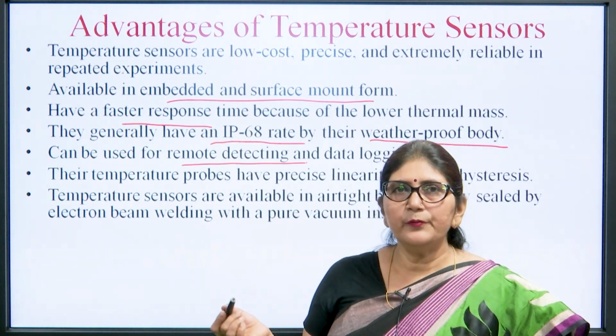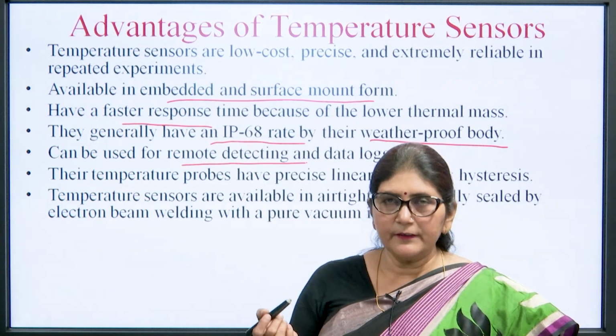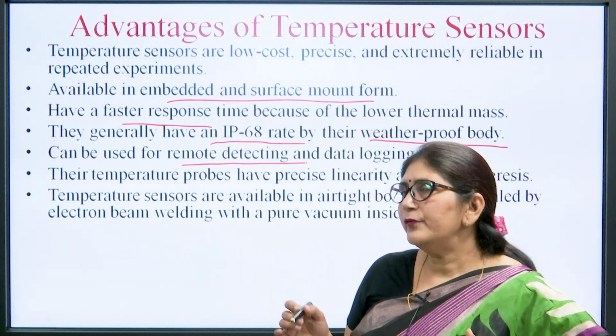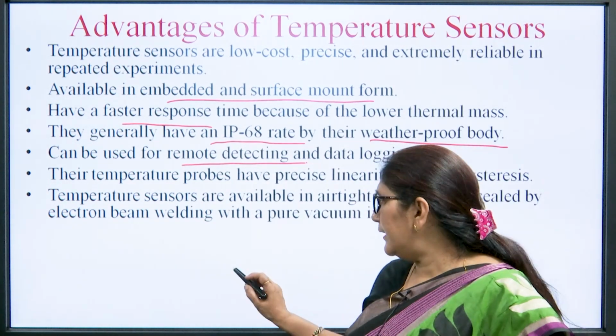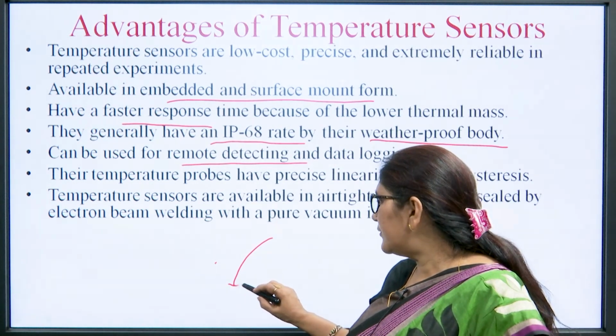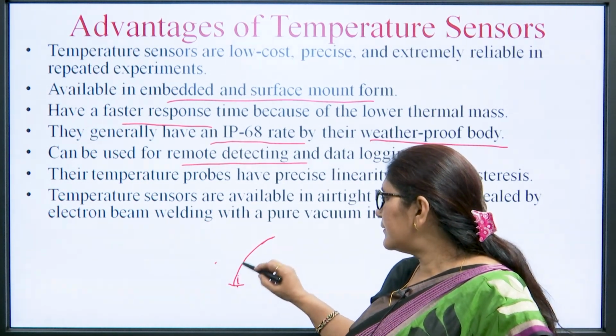Their temperature probes can have precise linearity and low hysteresis. Low hysteresis means, suppose we want to measure the temperature, and the resistance, when the temperature rises, has one curve.